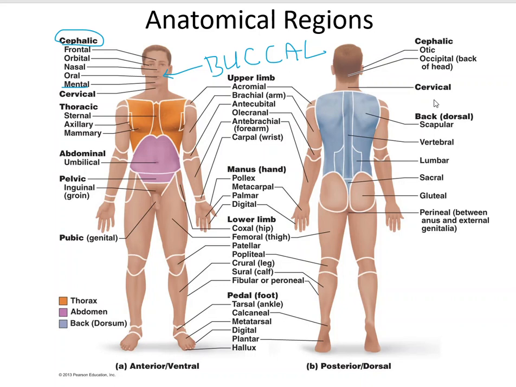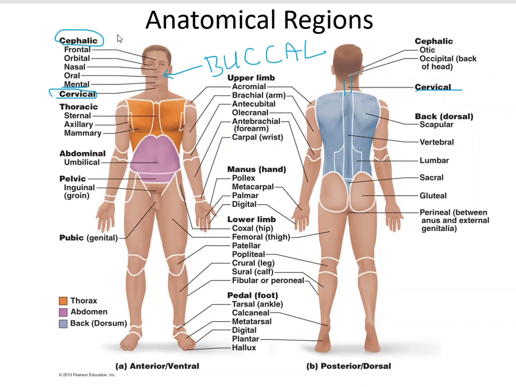Cervical region right here refers to the back of the neck, specifically that area where the spinal cord is. Cranial is just another way of referring to the head. So there's another part of the cervical, the neck.